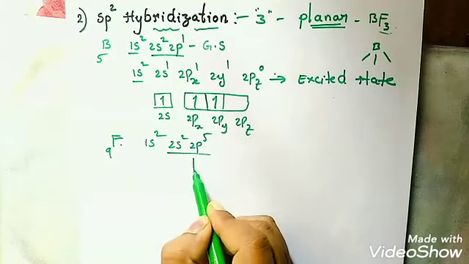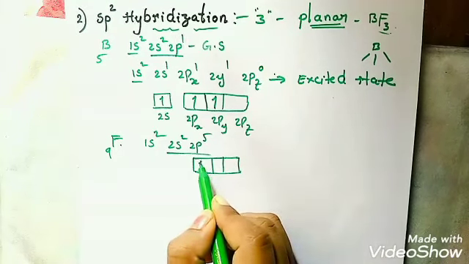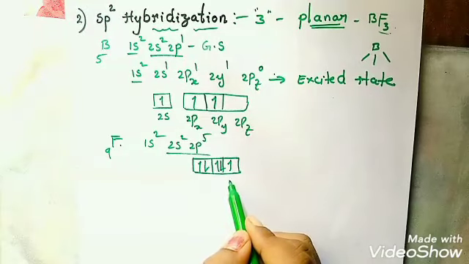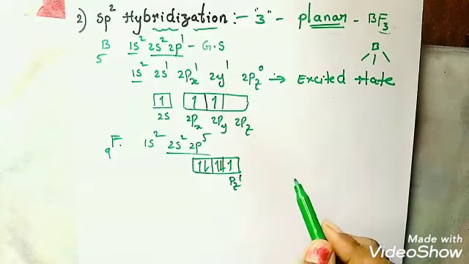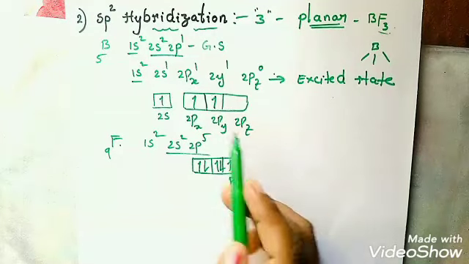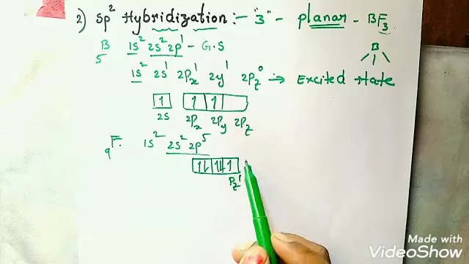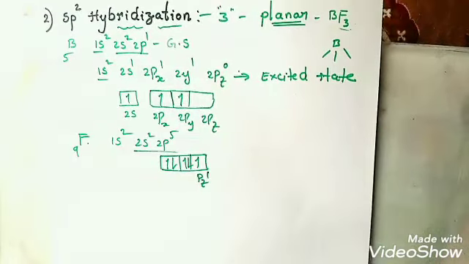So you can draw for this p orbital 2, 3, 4 and 5 electrons. Then students, this is pz, pz1. This is about fluorine. So here 3 single electrons, here only 1 electron, so let us see the bond formation.